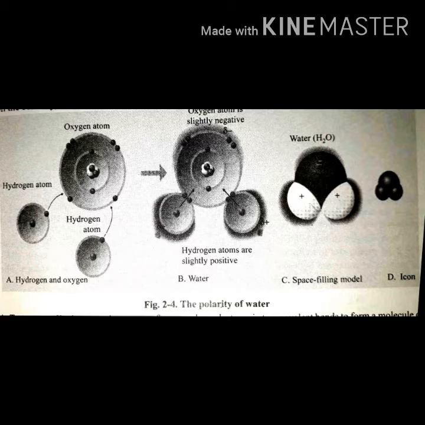After that space filling model, we can see the two water molecules join by a hydrogen bond between the oxygen atom of the upper molecule and the hydrogen atom of the lower one.